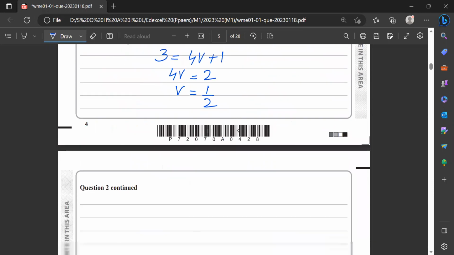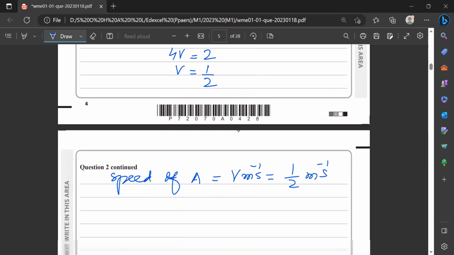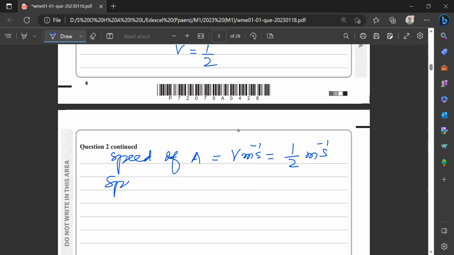So if v is 1 over 2, the speed of A was v meters per second, and v is 1 over 2 meters per second, and the speed of B is v plus 1 meters per second.